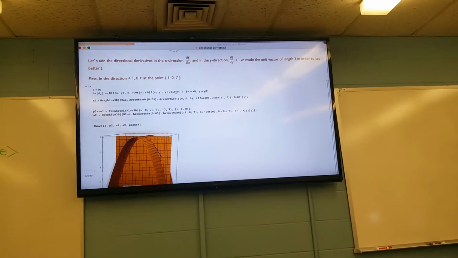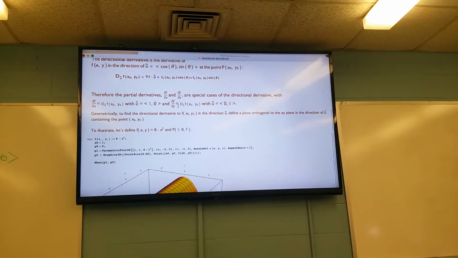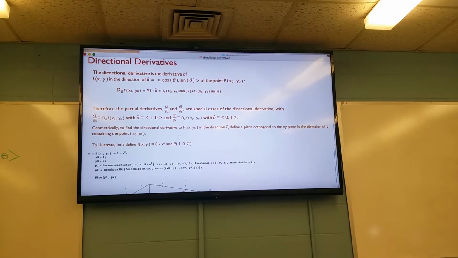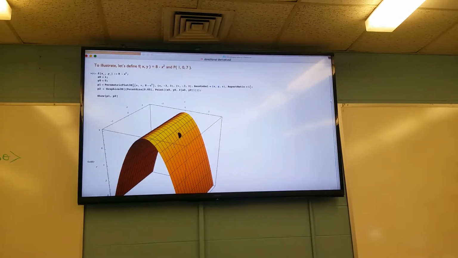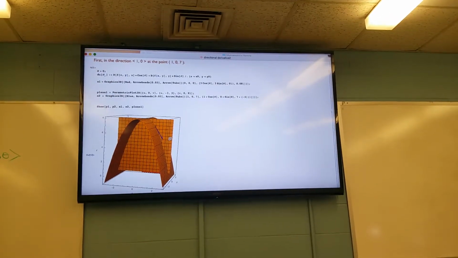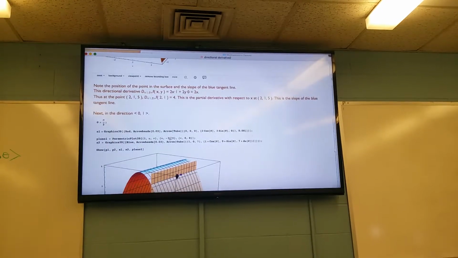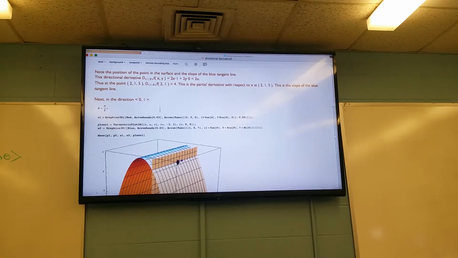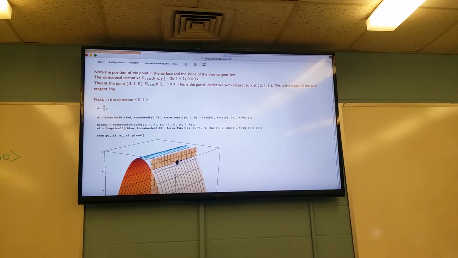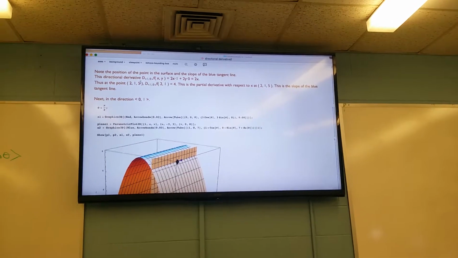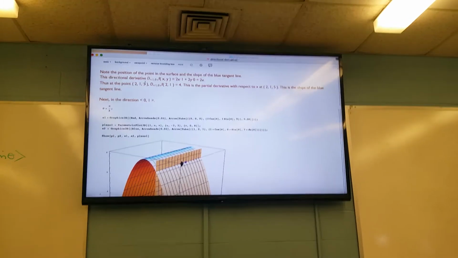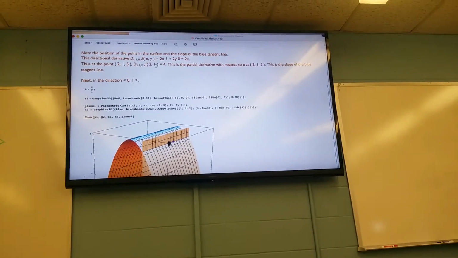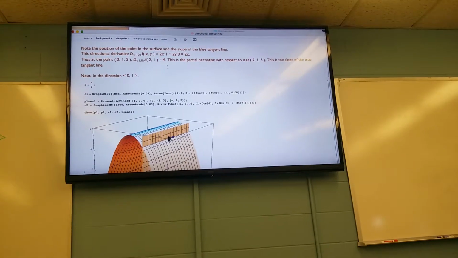And at this point, the point is 1, 0, 7, so the slope of that line is going to be a negative 2. Now, let's take another point, 2, 1, 5, and find the partial with respect to x at 2, 1, 5.